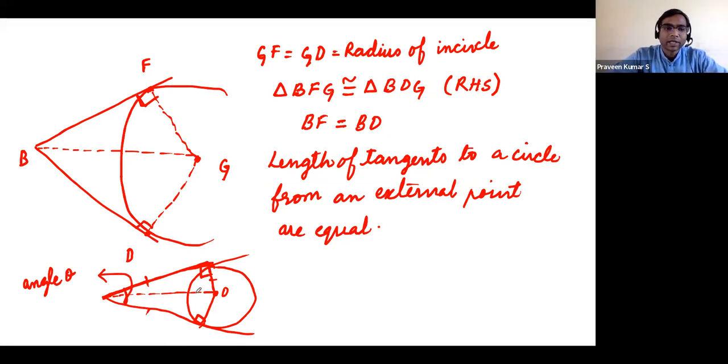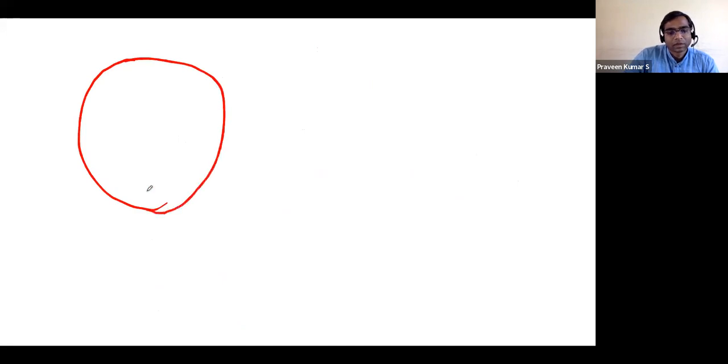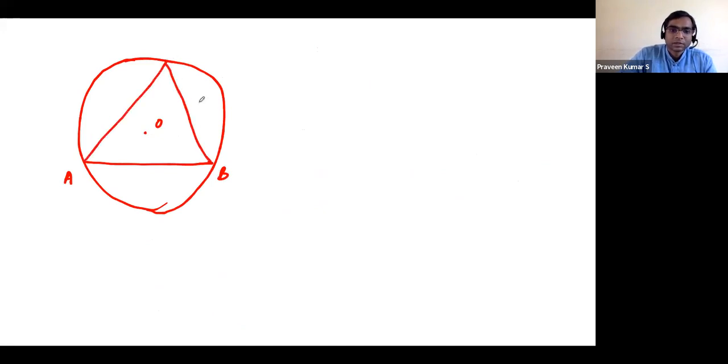Now if you take another scenario, let's say this is a circle, and if you draw a chord, let's say this is center O, this is chord AB, and there is a point C here.